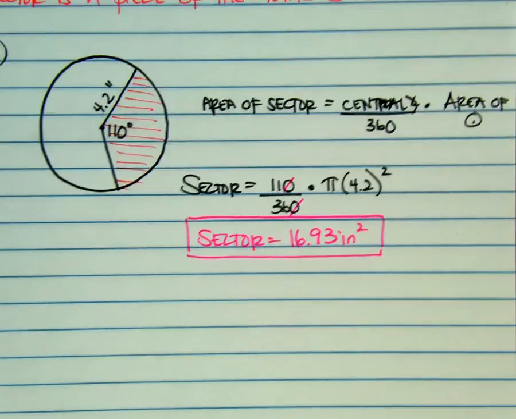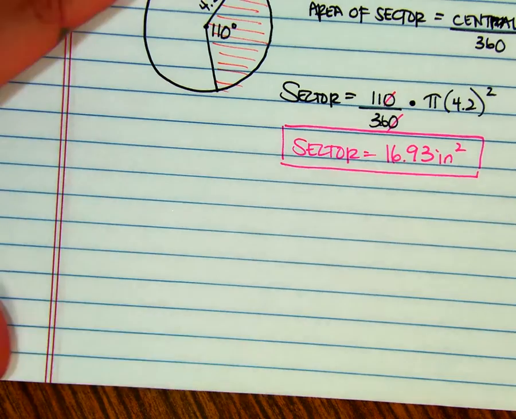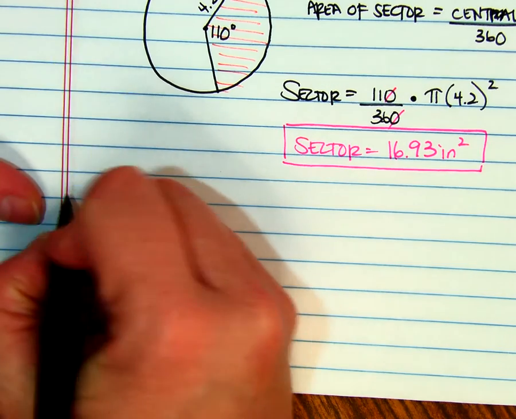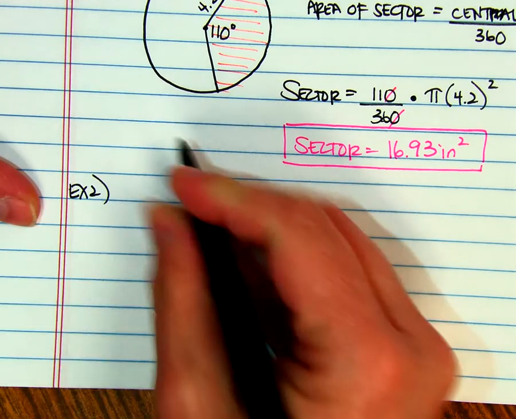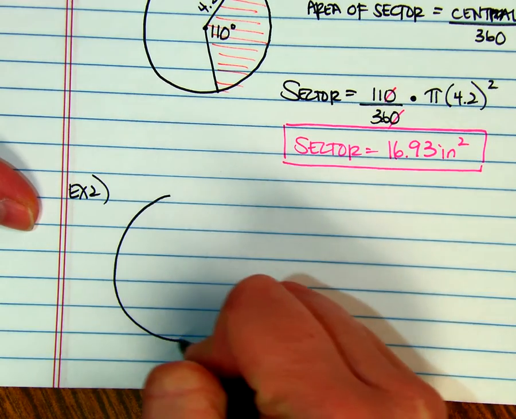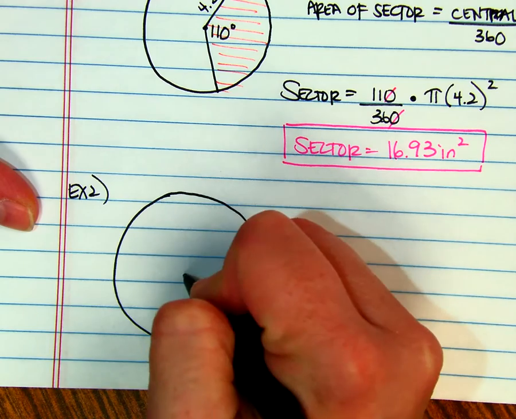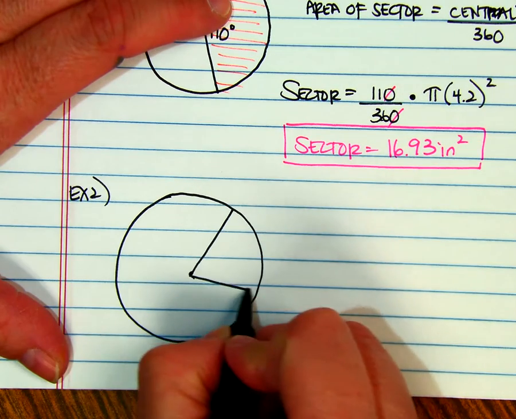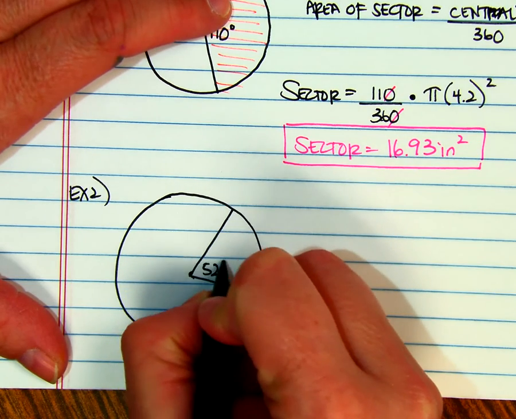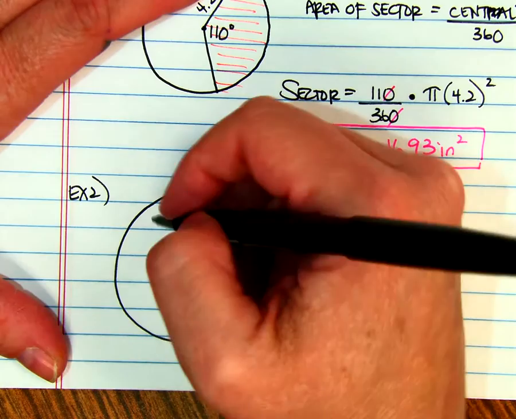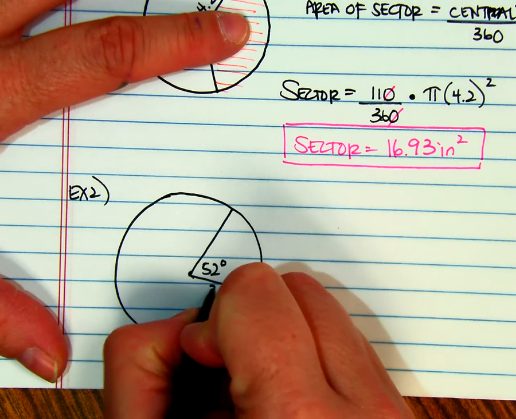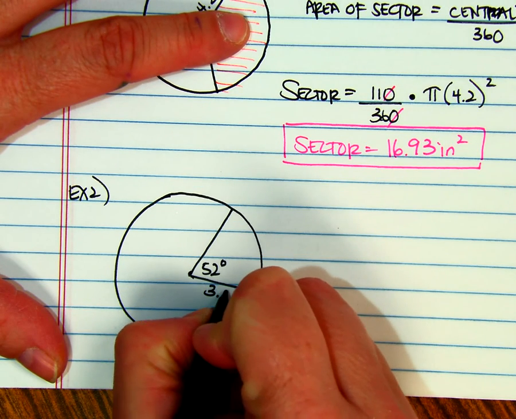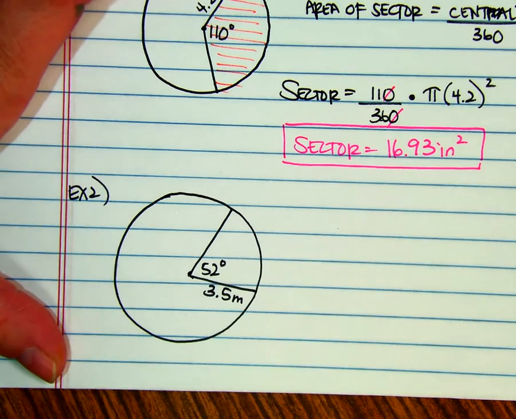Okay, one more example of those. I want to make this fairly large. And say that is 52 degrees, and we have 3.5 meters.